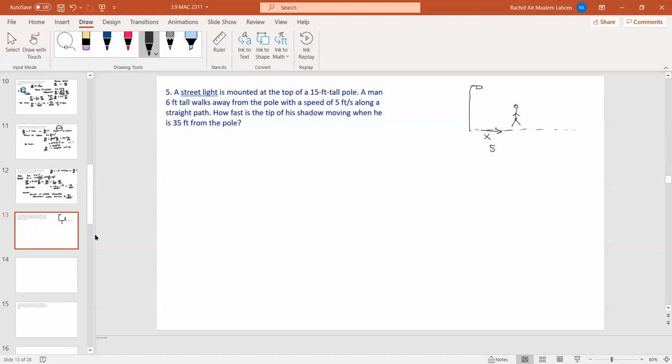If this is the x direction, then this is dx/dt. It's 5, going to the right, so it's positive 5 feet per second along a straight path. How fast is the tip of his shadow moving when he's 35 feet from the pole?